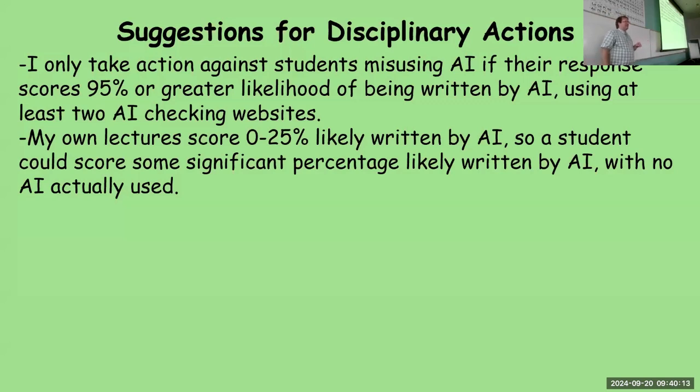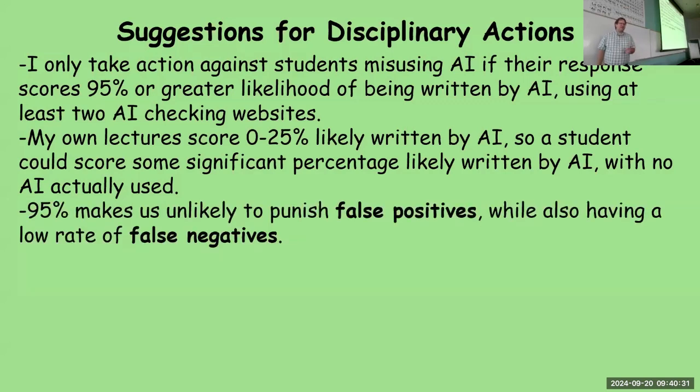But I think the likelihood that they would score 95% or higher on 2 different AI checking softwares without using AI is exceptionally low. And having that happen more than once on different assignments is extremely low, way less than 0.01%. So I think 95% is a strict standard.